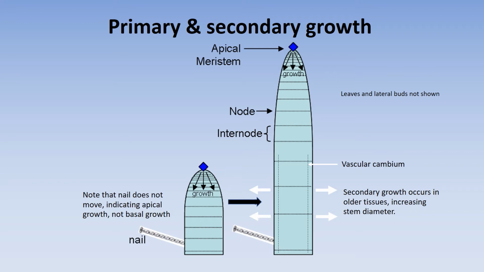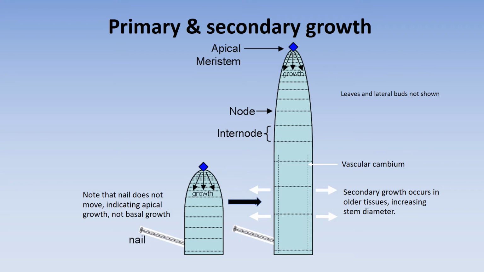In the older tissues at the base of the shoot, secondary growth takes place as the vascular cambium begins to divide and make new cells. The vascular cambium is shaped like a cylinder and places new cells to the outside and inside of the cylinder. Cells placed to the outside form the inner layer of the bark, and those placed to the inside form wood.